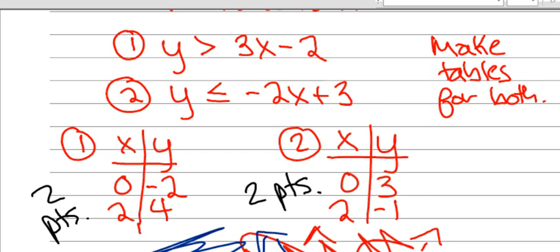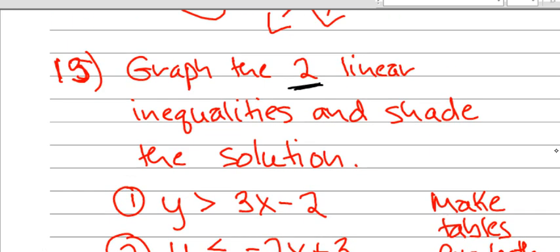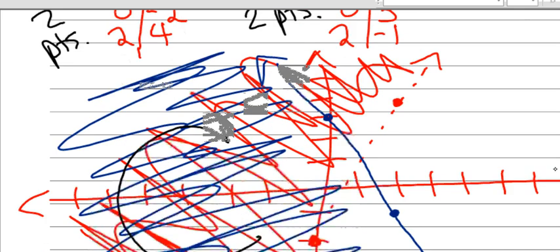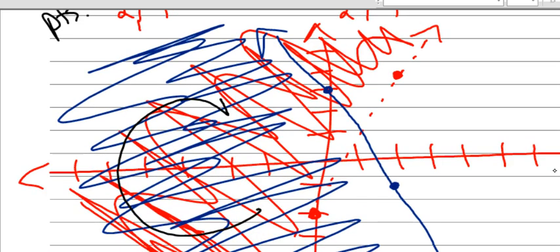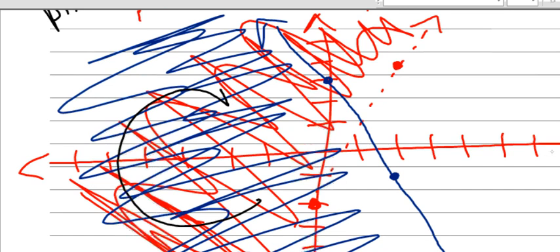Okay, so I'm going to look at table 1. This might be confusing. So table 1, I have 0, -2, graph that, and 2, 4.